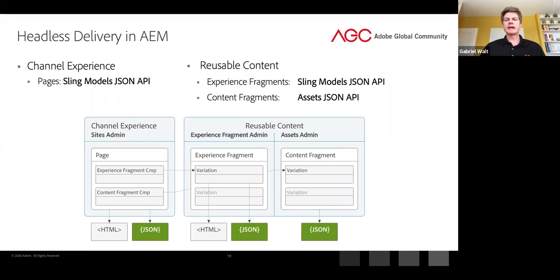On the JSON side, you have JSON output really for all three types of content. For the page, we have the Sling model JSON API, which is not the JCR JSON API that we had previously. It is really an output of the Java logic that is processing the JCR properties, that is preparing them for rendering, for delivery.